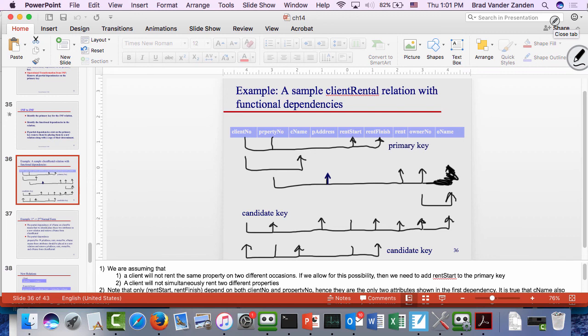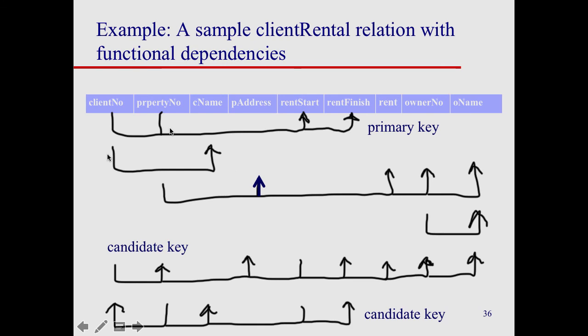Okay, so we can say that the client number and the property number are the primary key, because together they determine all the remaining attributes.